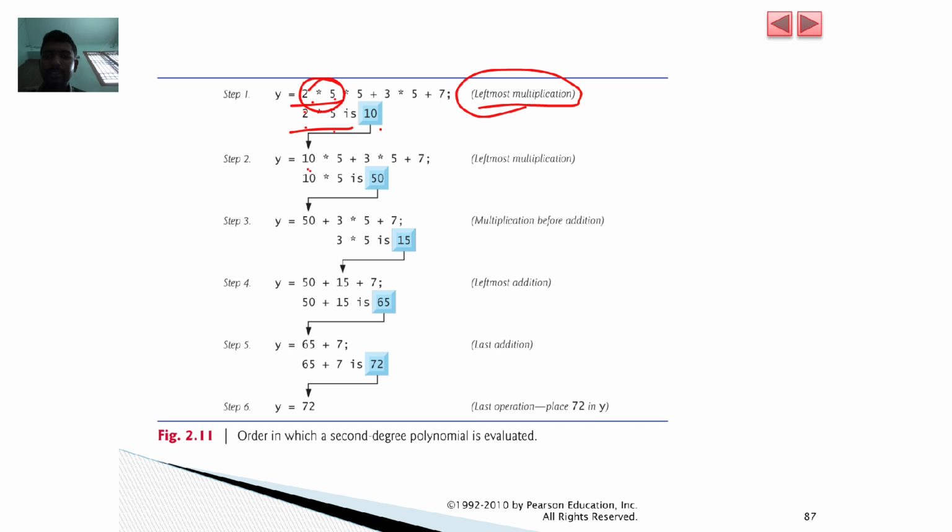Then 5 into 10, that is 50, and 50 is replaced here. Next, 50 plus 3. But actually there is a multiplication before the addition. You should do the multiplication first, that is the precedence. So you should multiply this and replace it with 15 and then plus 7. All are pluses, so you can directly do the addition.